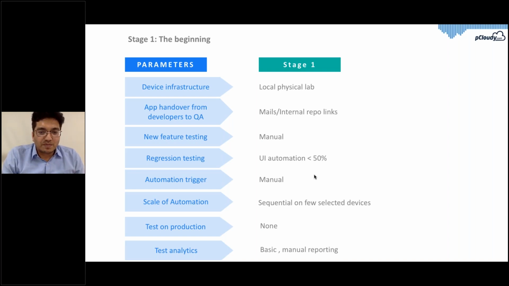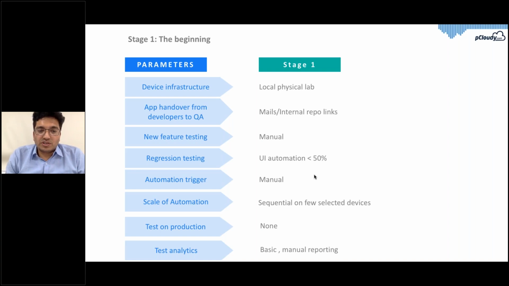New feature testing happens manually. Regression testing is typically UI-driven automation through tools like Appium, and the coverage is pretty low, somewhere around 30-40%. Automation trigger is manual, so as soon as the release comes, the QA engineer or the developer will trigger the automation, run it and then look at the results.